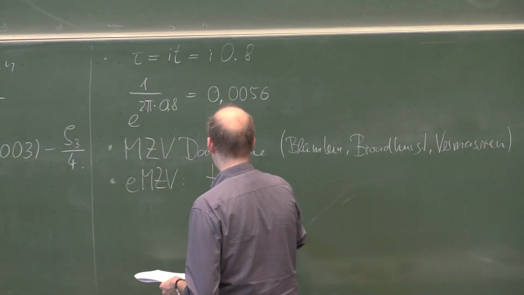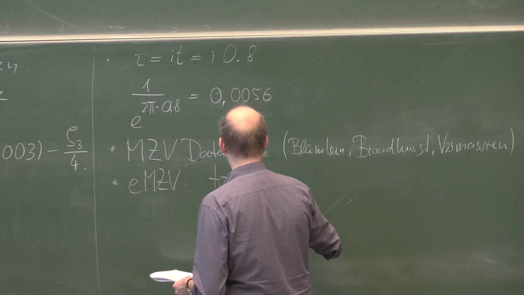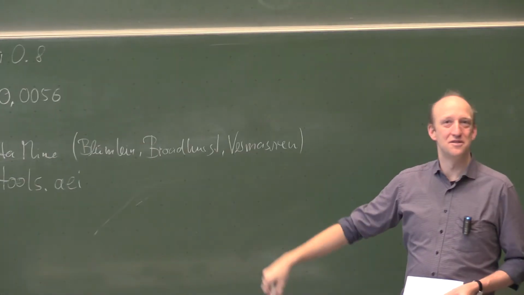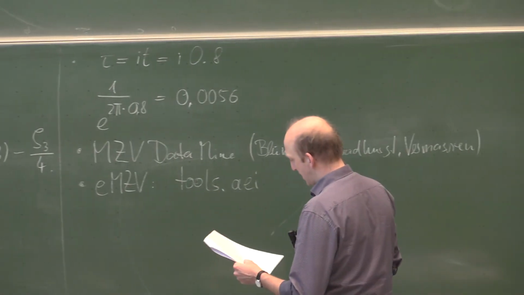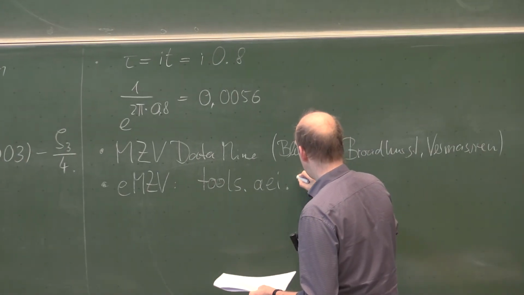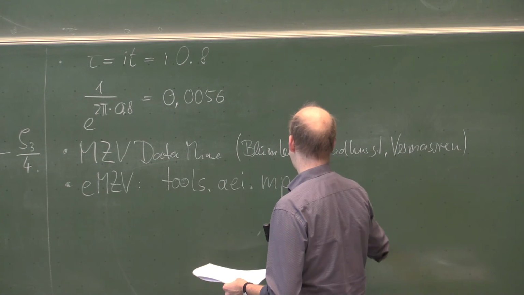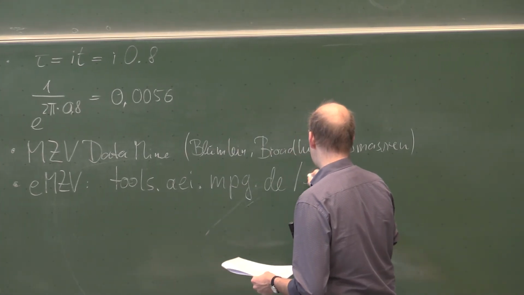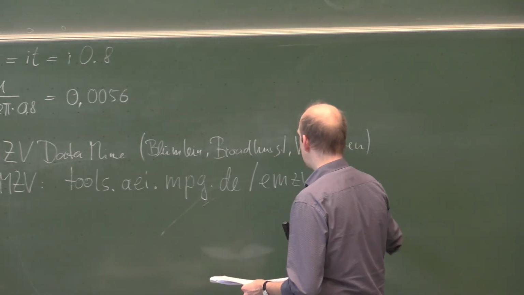web page. It's at tools.aei, which is the address for the Albert Einstein Institute, .mpg for Max Planck Society.de/EMZV.